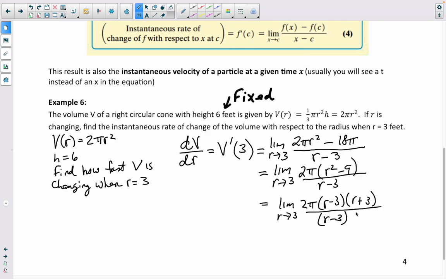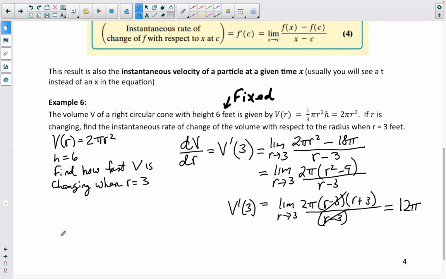This is helpful because now we can divide those out. That becomes 1. And so the limit as r goes to 3 of 2 pi times r plus 3, now I can just evaluate, plug in a 3. So 2 pi times 3 plus 3, that's going to give us 12 pi. All right, so V prime of 3 is equal to 12 pi.